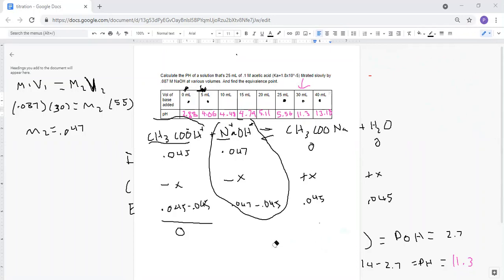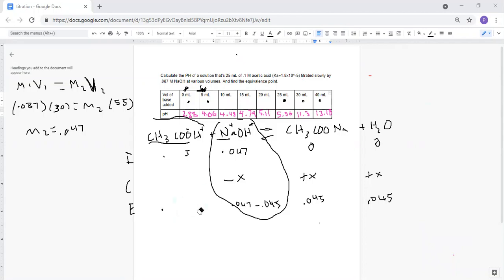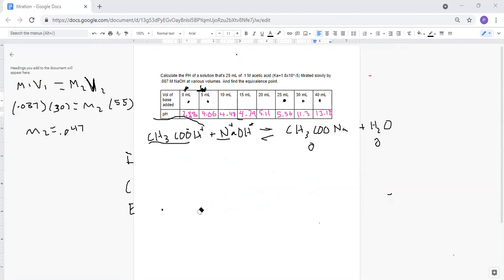So let's just do one more past the equivalence point. Let's find 40 mils. So now we have 40 mils, so we need to find our new dilutions.